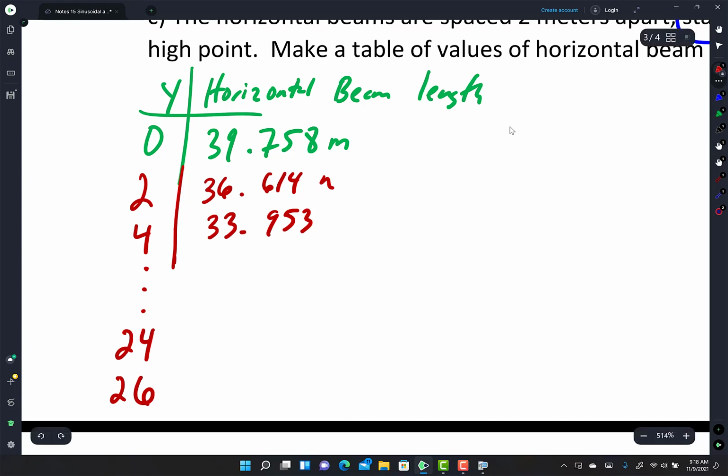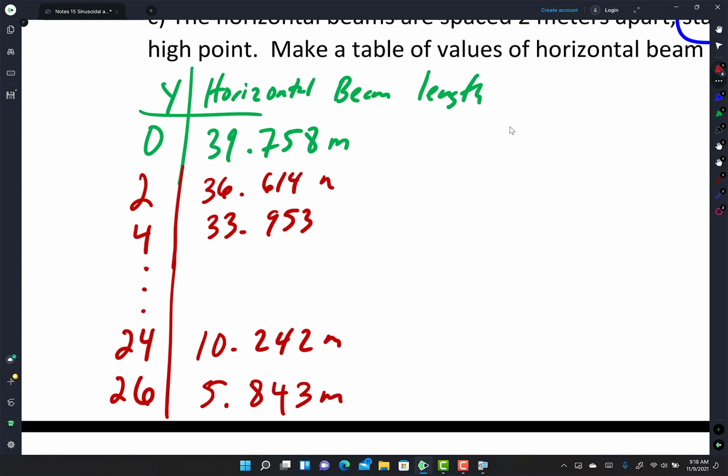So give me a 24, what did it say? 10.242, this is all in meters, and what does it say at 26? 8443, like that. Okay, that's fine. All right. Yes.